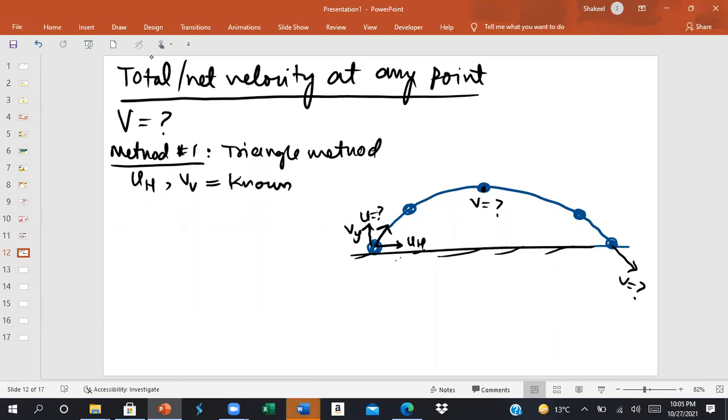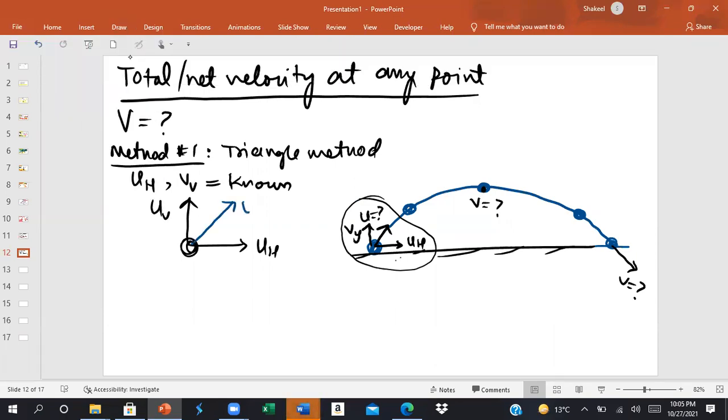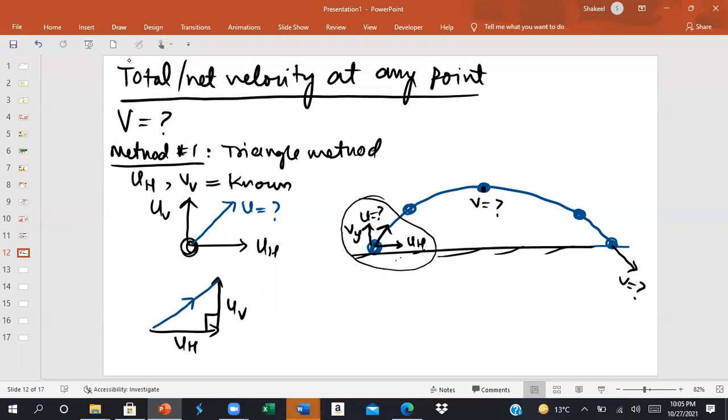For example, at the start, you already know this is UH, you know its value, and this is UV, the vertical component, you know its value, and then you have to find this velocity U. So you will arrange them according to the head to tail rule, like this is UH, and this is UV, and then finally, the total velocity will be this, which you have to find. As this is a right angle triangle, you will be using Pythagoras theorem for it.